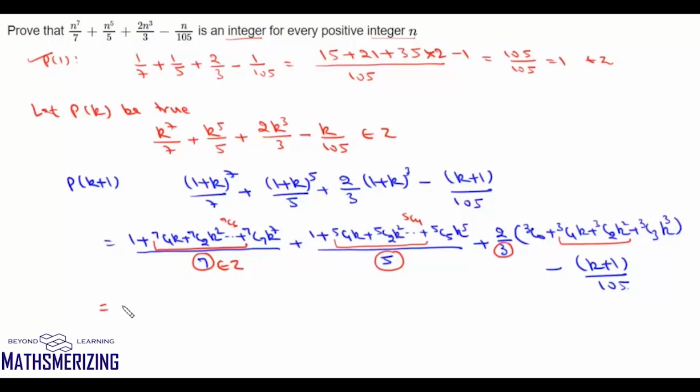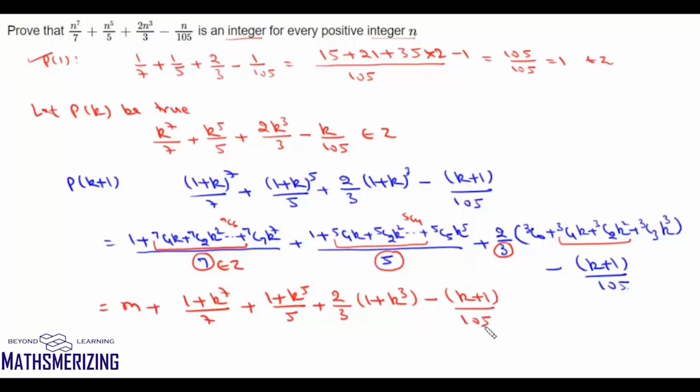So that means we'll get some integer, say m, and then plus, what I'm left with is 1 plus k to the power 7 upon 7 plus 1 plus k to the power 5 upon 5 plus 2 upon 3, 1 plus k cube, and then minus k plus 1 upon 105.